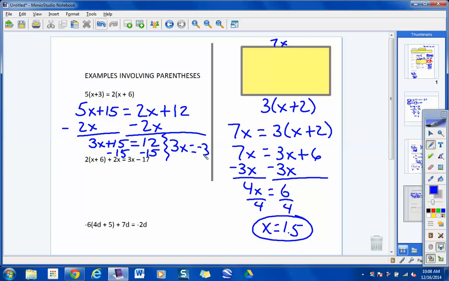What kind of 3 have you got, kiddo? Negative 3 divided by 3, right? What do you got?